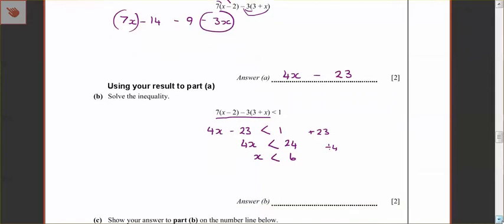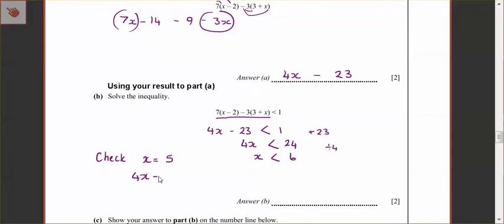And we should just check. So do you remember my check? Check for a value, x is less than 6, pick one. Check with x equals 5. I would have picked something different, but 5 is absolutely fine. So if I'm right, this should be true.